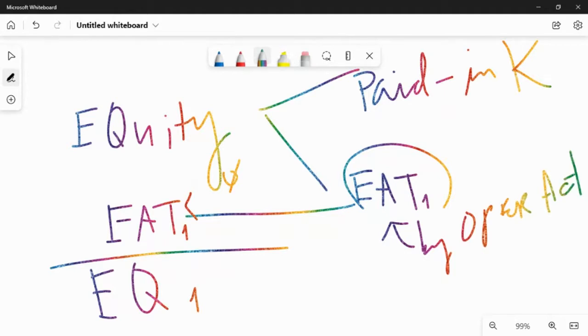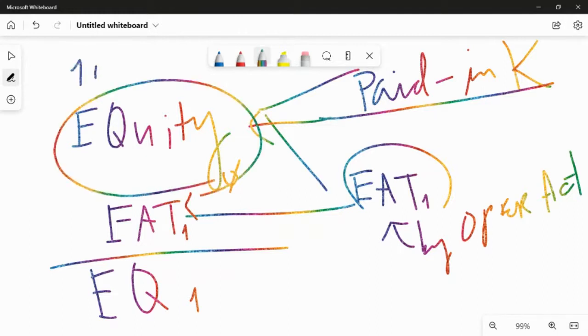So basically paid-in capital is the original source of equity at time zero. And at the beginning, if the equity is $10 billion, that means $10 billion was paid in by the investors, by the stockholders.